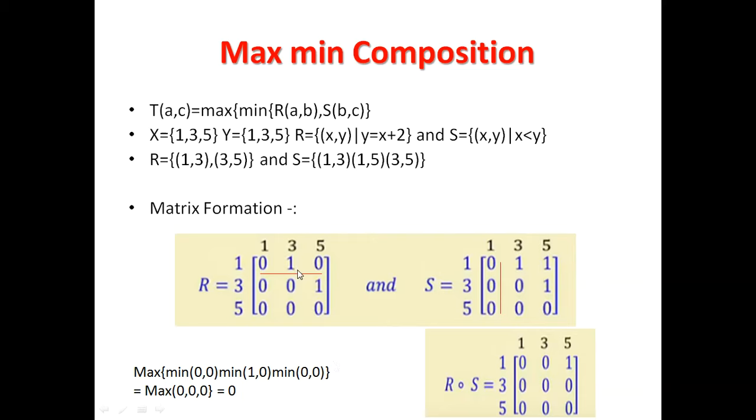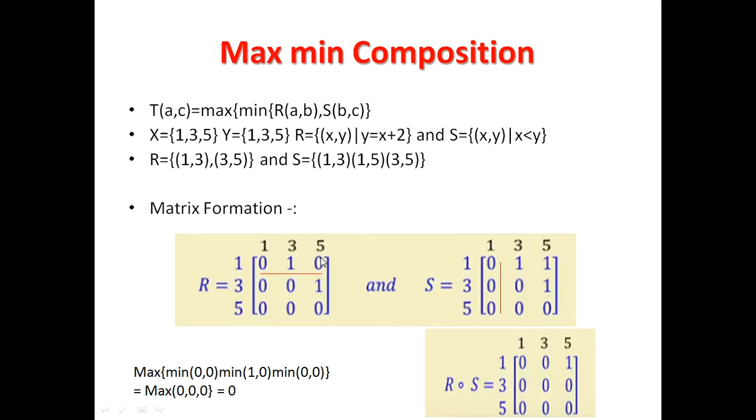If we do the second one, same row and second column: min of 0 and 1 is 0, min of 1 and 0 is 0, min of 1 and 0 is again 0. So again we get max of 0, 0, 0, which is 0.